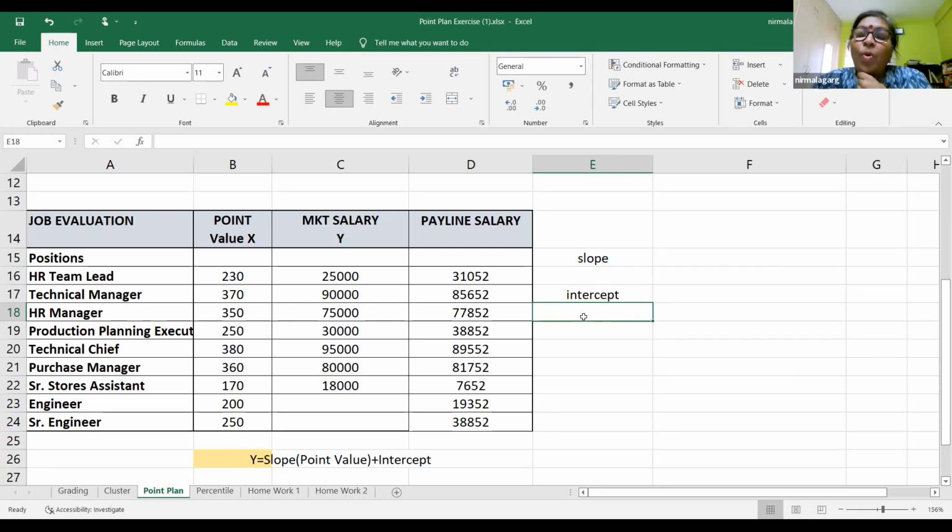Now, when you are doing point plan, your points are always X. Please write that as X. X is an independent variable. Your market salary is always Y. So keep it to the right side of your hand. Now, when you calculate slope value, all that you need to do is please go to, yeah, it's already there.